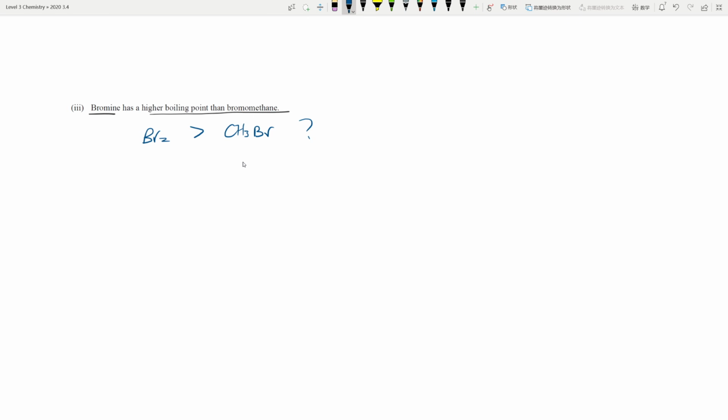This is where you need to consider the strength of this particular type of intermolecular force. Br2 only has temporary dipole-dipole force of attraction, and CH3Br has temporary dipole-dipole force of attraction as well as permanent dipole-dipole force of attraction.